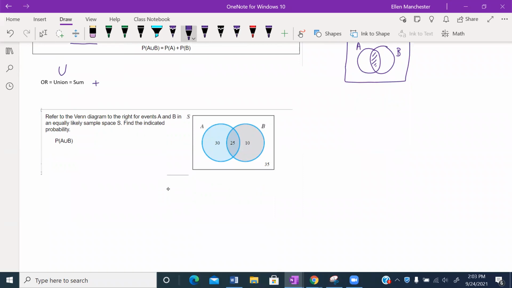You can see that we do have an intersection here, an intersection of 25. So we're going to use the formula, the probability of A plus the probability of B minus the probability of A intersect B.